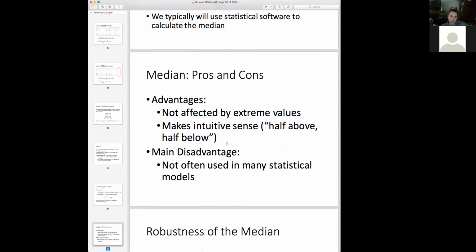So when we use the median, the advantage of the median is it's not affected by extreme values, and it makes intuitive sense to say half are above and half below this number, but it's not used very often in statistical models. So the median is good to use when you have skewed data or data with a lot of outliers to represent the center of your data, because the mean is very sensitive to the skewness of a data set or the outliers.